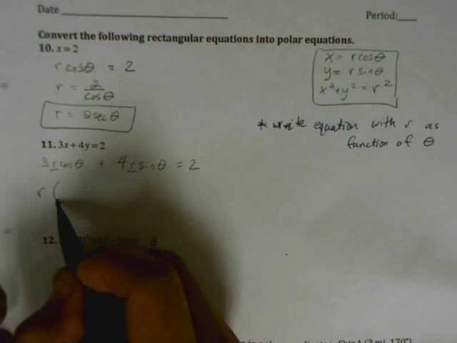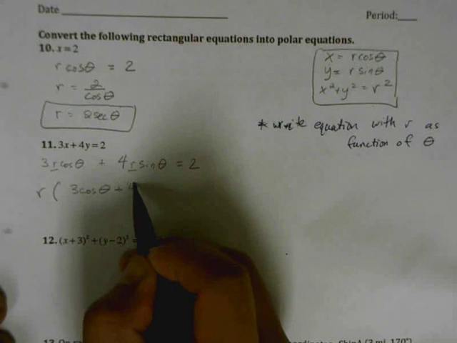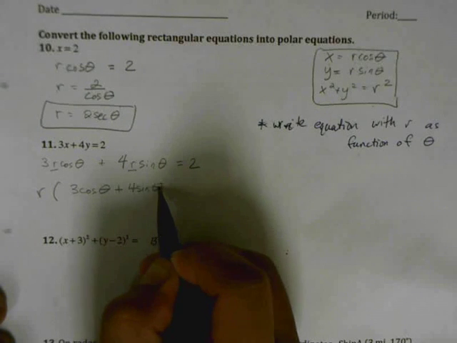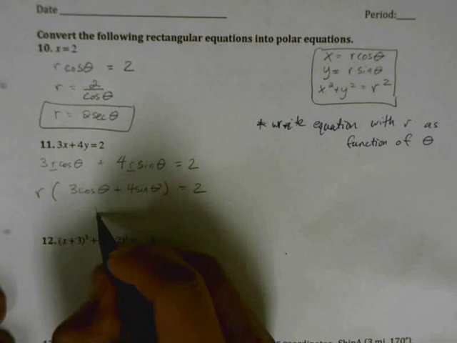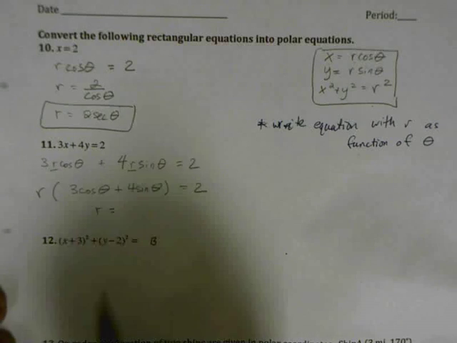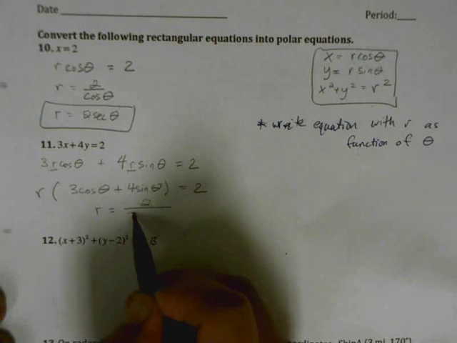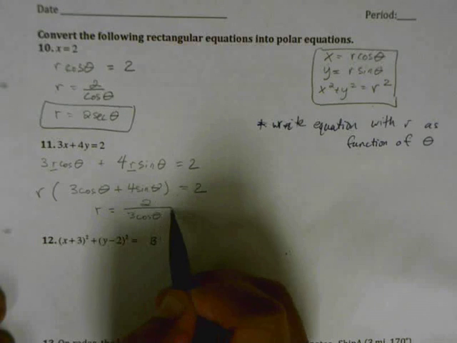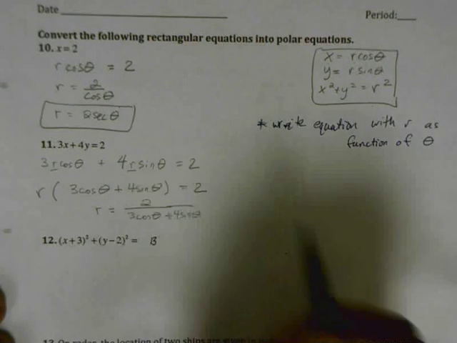Factoring r, I get r times 3 cosine theta plus 4 sine theta equals 2. Then I'm going to divide both sides by 3 cosine theta plus 4 sine theta. And that gives me r equals 2 over 3 cosine theta plus 4 sine theta.